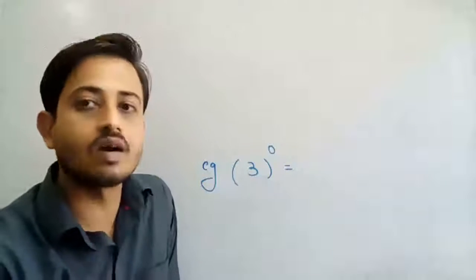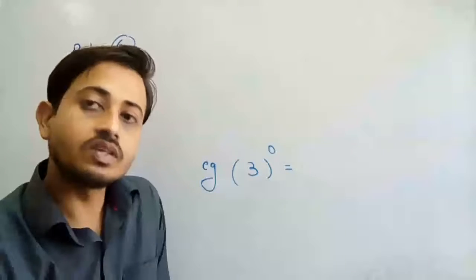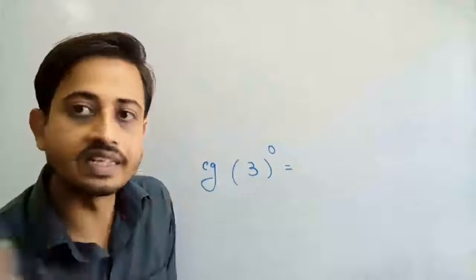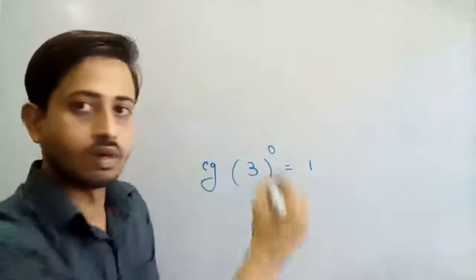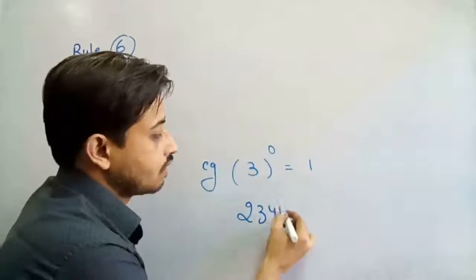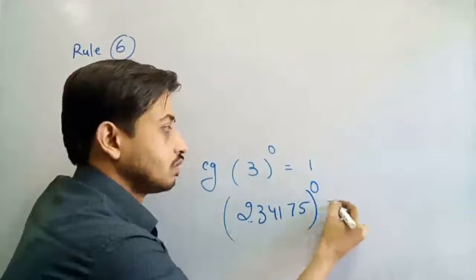If you get a term with exponent and power and the power is 0, the answer will always be 1 whatever the base. So the answer is 1. For example, I am taking 2, 3, 4, 1, 5, 7, 5 raised to the power 0.